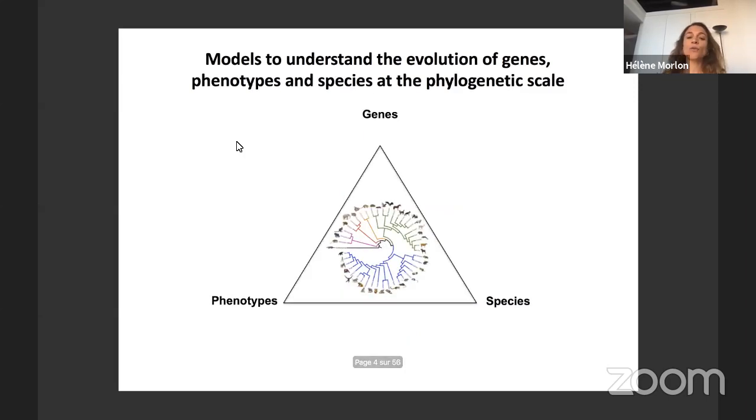Now, in terms of the models, as I said, we're trying to understand modes and rates of evolution at 3 different levels of organization: at the genetic level, at the phenotypic level, so traits of organisms, for example, body size, and species level.